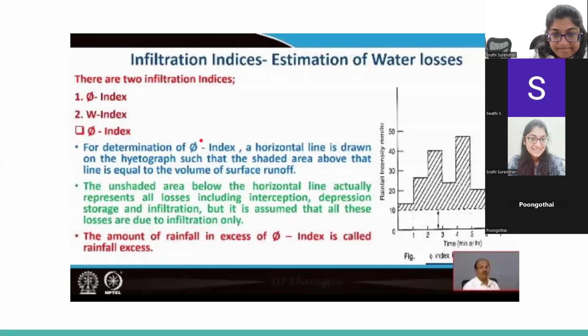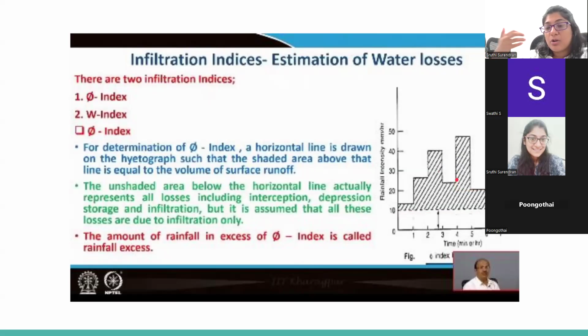So you see here the amount of rainfall in excess of this line. This horizontal line is what is called the phi index. Any rainfall coming above this phi index is called rainfall excess.